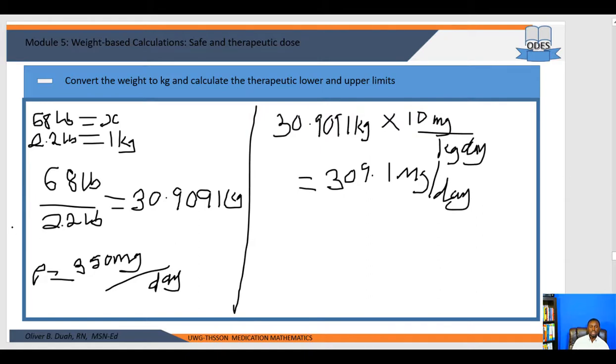Then we multiply our weight also by the upper limit.